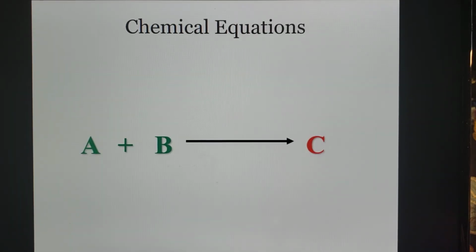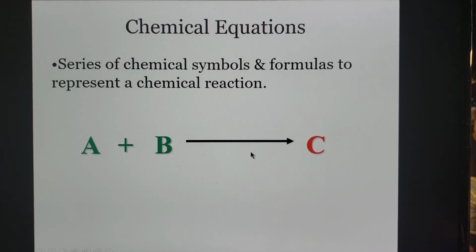Chemical equations: we take two things, A and B, and these are not products, these are what we call reactants. We have to mix them together, and when we do that, we'll get something else called C, if these things can react. It's a series of chemical symbols and formulas to represent a chemical reaction, sort of like in math, where we use symbols to represent different things, variables and whatnot.